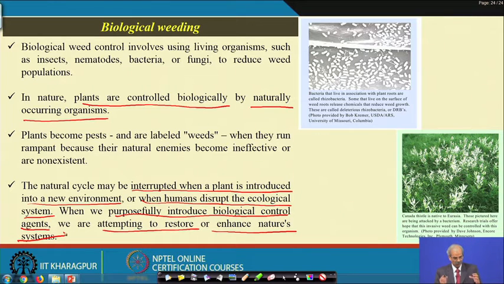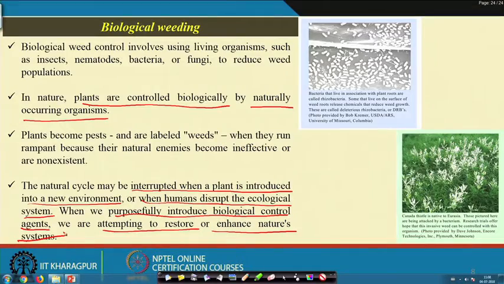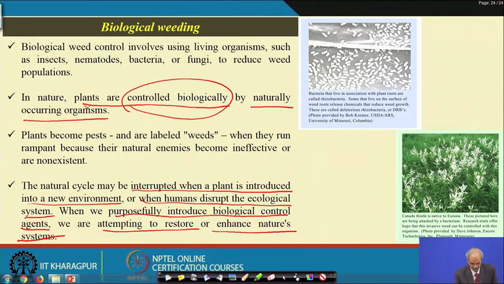So, by humans, or when you are introducing plants at different locations, you are creating an imbalance in nature's ecosystem. So, for that you have to bring in those agents, because in nature, plants are controlled biologically.